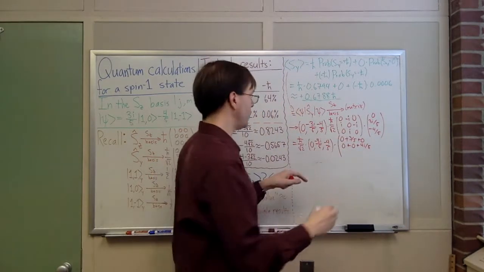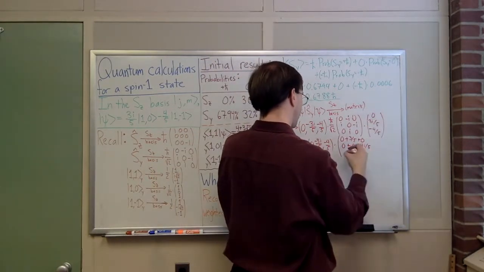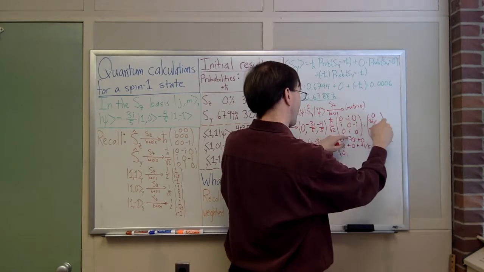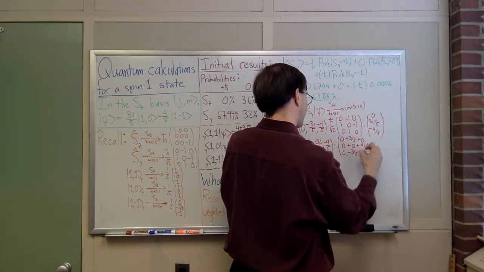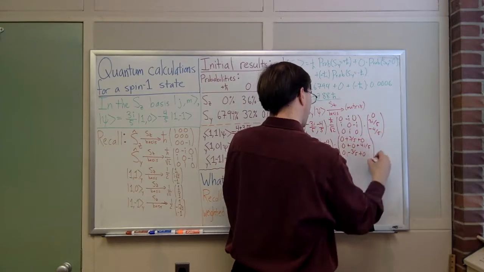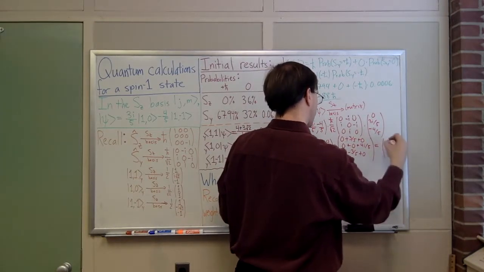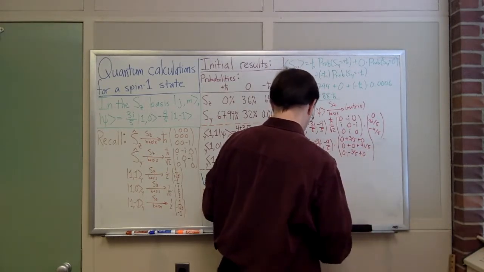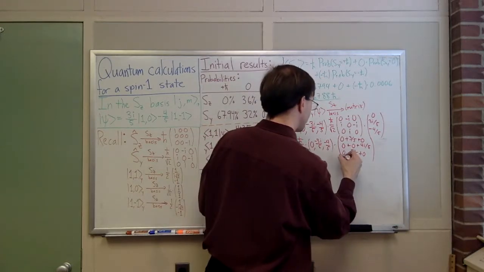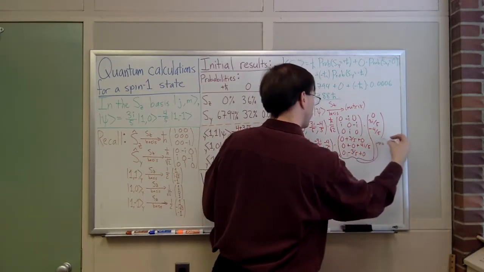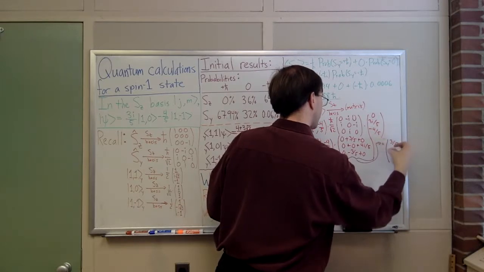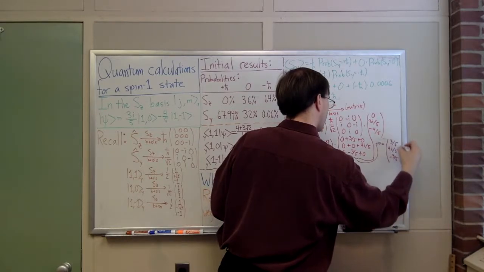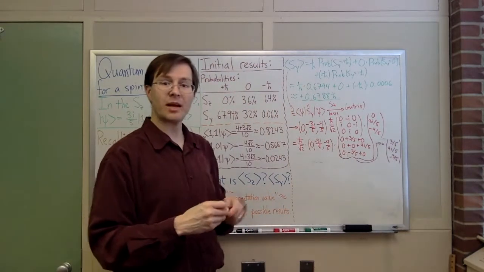And my third row, 0 plus i times 3i over 5 is minus 3/5, and 0. So this part is equal to 3/5, 4i over 5, and minus 3/5. That's what that matrix is going to be.